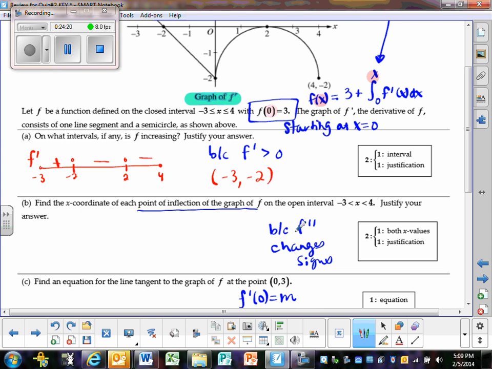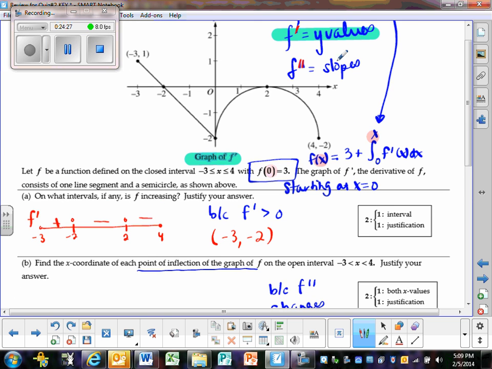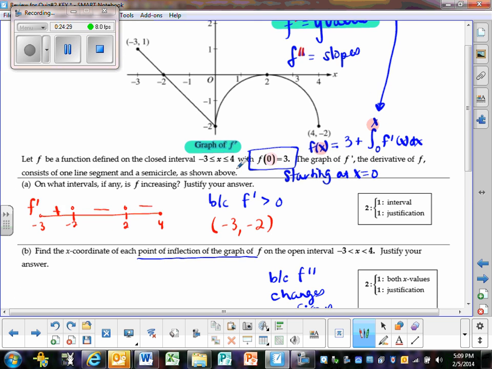No answers without reasons. Okay, the next part says we're going to look for the second derivative. We're going to go back up and remind ourselves the second derivative are the slopes. So I'm going to do a second derivative number line, and from x is negative 3 to x is 0, a lot of people want to do negative 3 to negative 2 because the y value is negative 2, but it's x is negative 3 to x is 0.